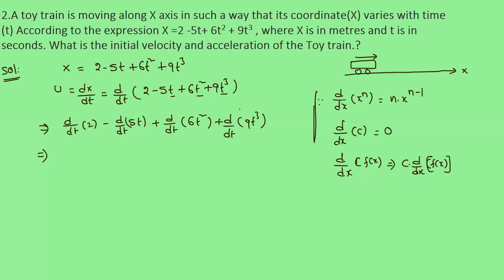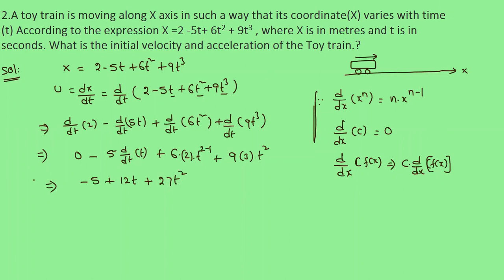By the combination of these formulas, d by dt of the constant is 0, minus 5 into d by dt of t, which is 1, plus 6 into 2t, plus 9 into 3t square. So we get minus 5 plus 12t plus 27t square.